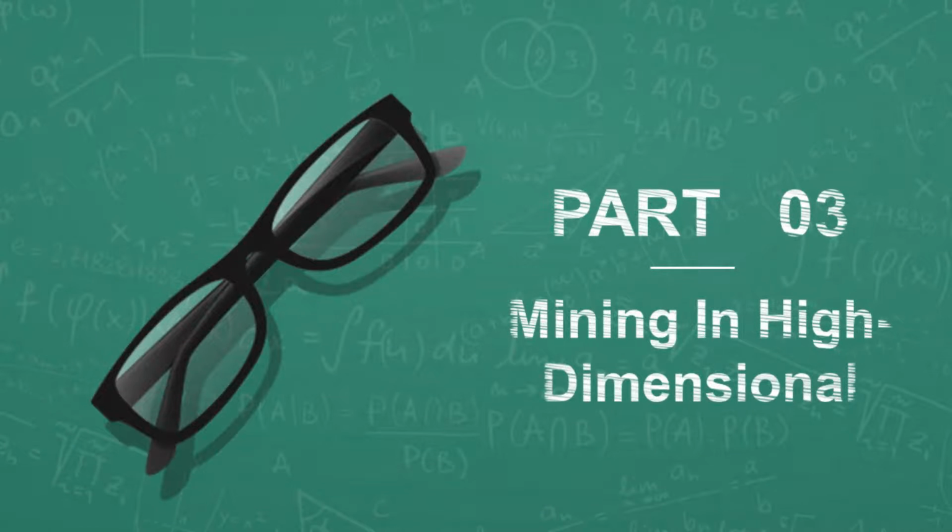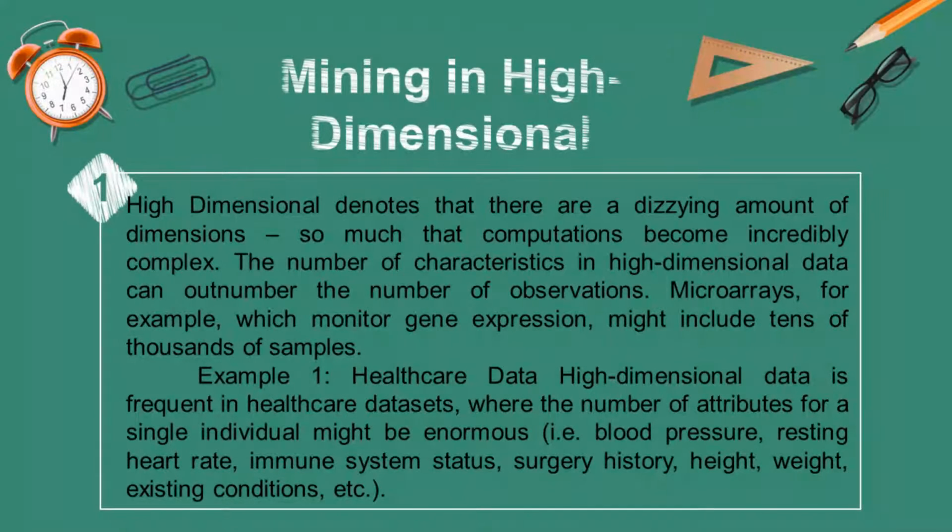So part 3 is mining in high dimensional. High dimensional denotes that there are a dizzying amount of dimensions, so much that computations become incredibly complex. The number of characteristics in high dimensional data can outnumber the number of observations. Microarrays, for example, which monitor gene expression, might include tens of thousands of examples.